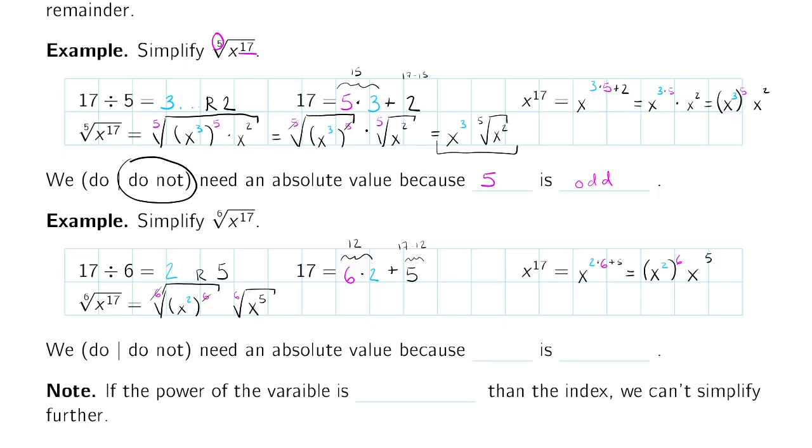The sixth power and the sixth root cancel out, and I'm left with x squared, but I need to take the absolute value of it. We do need the absolute value because 6, the index of our root, is an even number. So I've dealt with the sixth root of x squared. I still have the sixth root of x to the 5th.